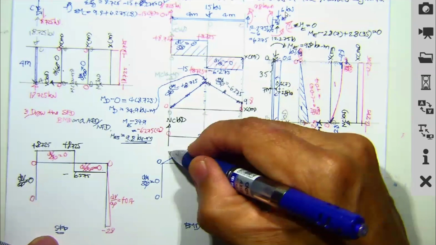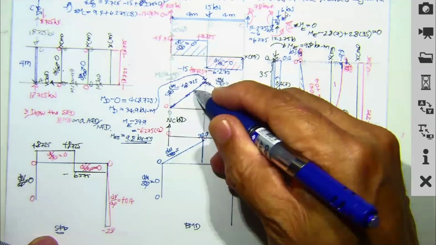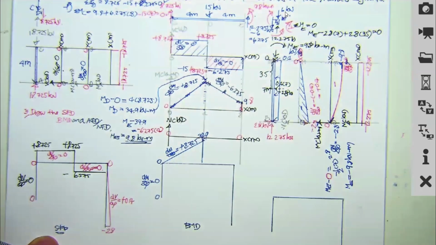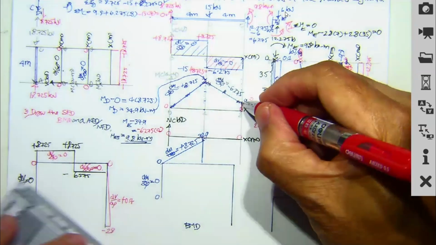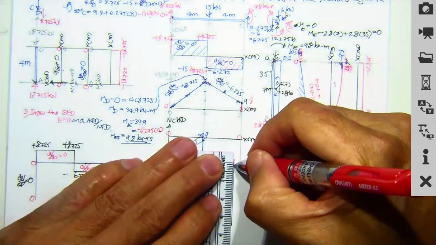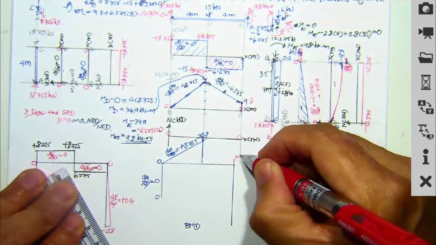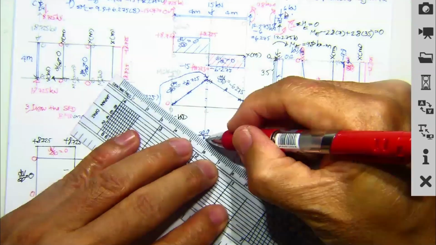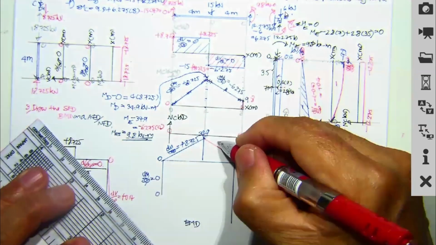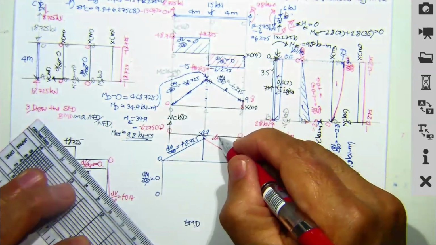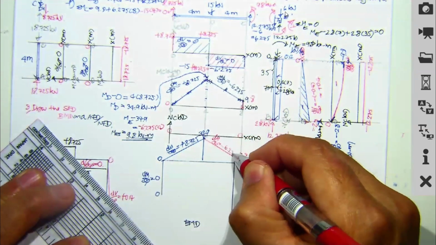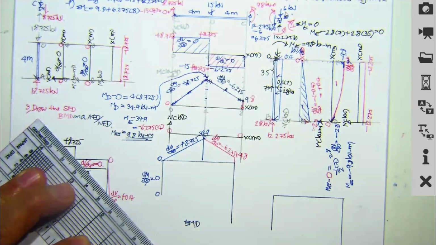34.9, and dm by dx is going to be plus 8.725. Then copying it over here, this is going to be plus 9.8, and take this one and make the slope dm by dx equal to minus 6.275.